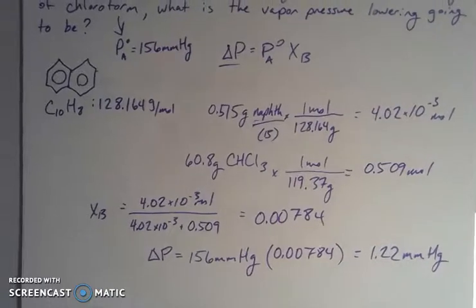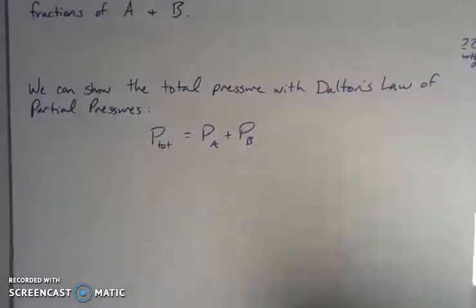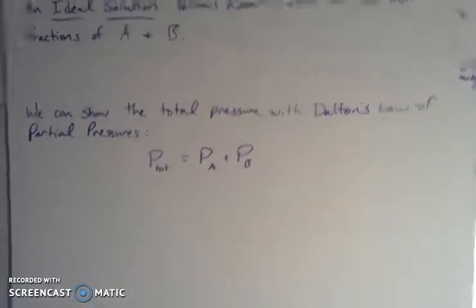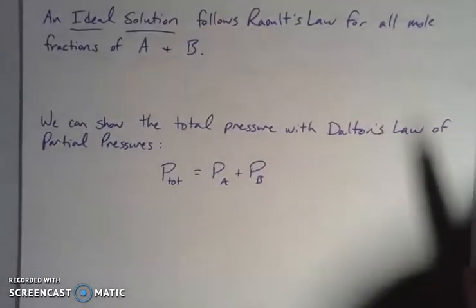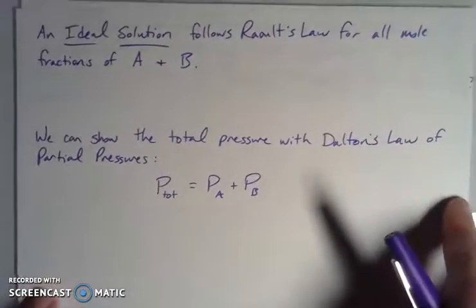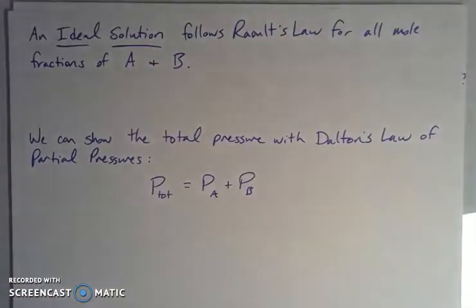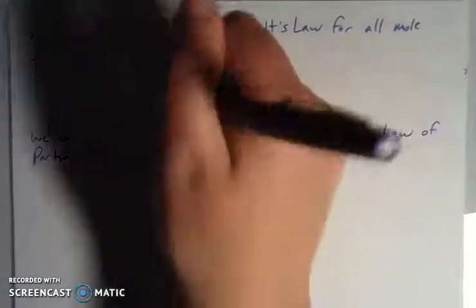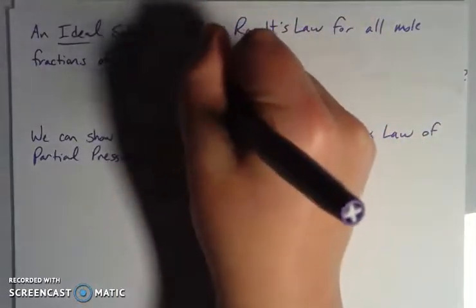And if we're thinking about this in other contexts, then we want to know when this would work. When do we follow these kinds of rules? And how does this relate to other gases? Well, we have what are called ideal solutions, and it's similar to what we're talking about with ideal gases. So an ideal solution follows Raoult's law for all mole fractions of A and B, and this usually occurs when the solute and the solvent have similar intermolecular forces.